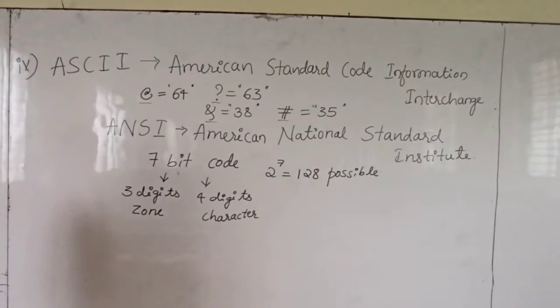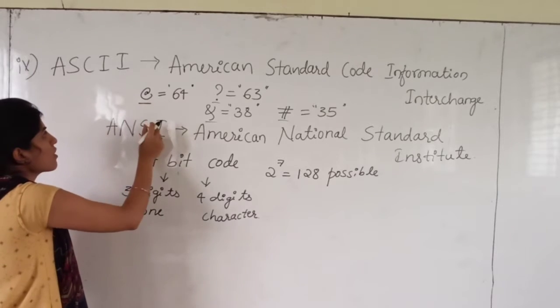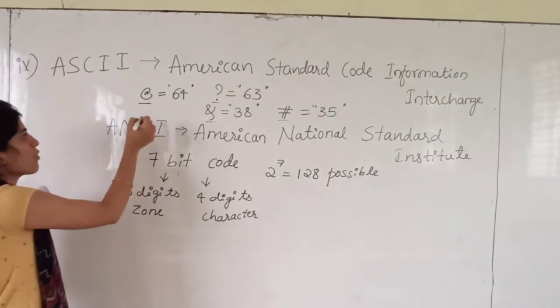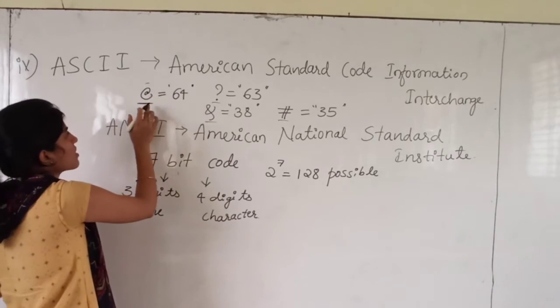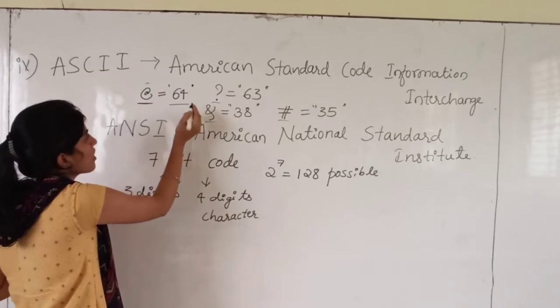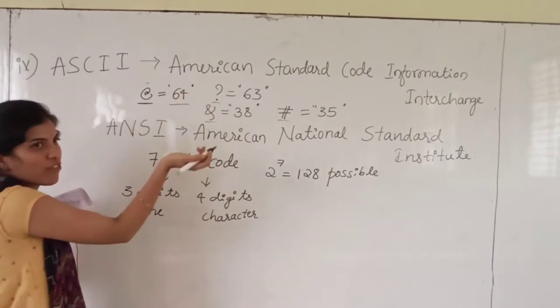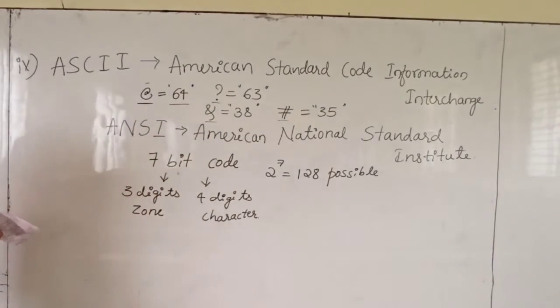While giving input data you can write the at symbol, but the computer cannot understand it; it just understands its ASCII value 64, and that 64 is then converted to binary code.